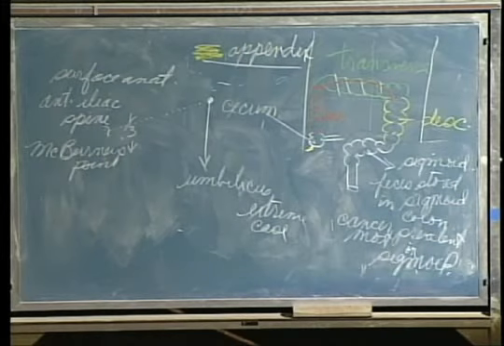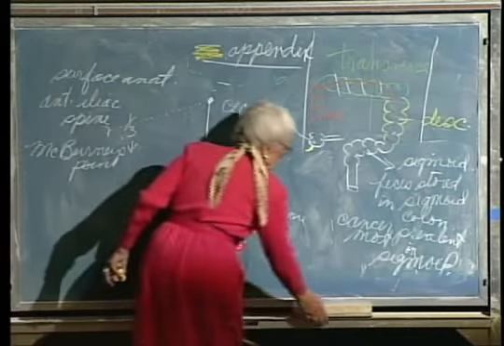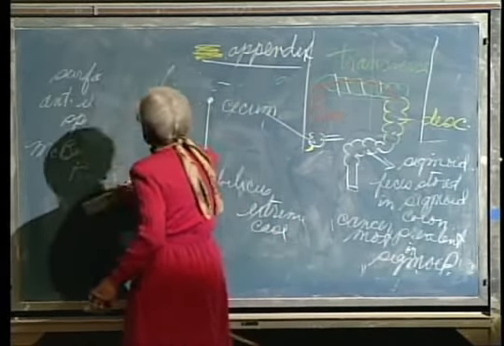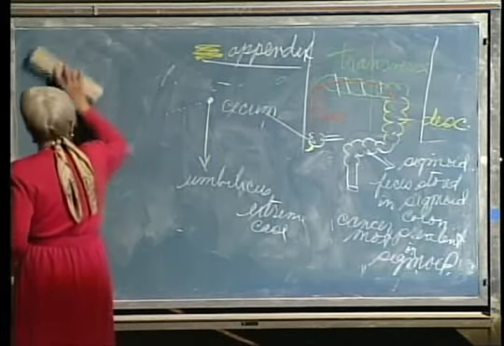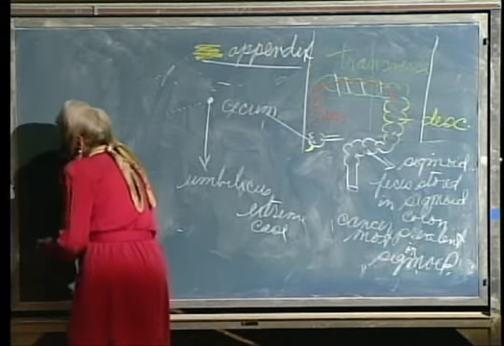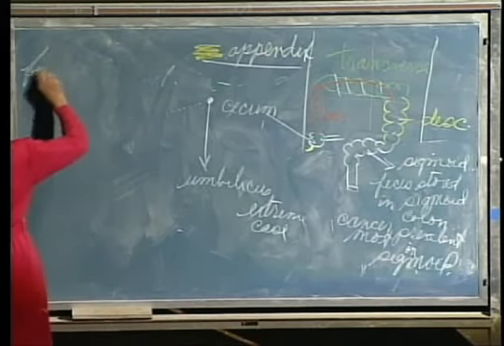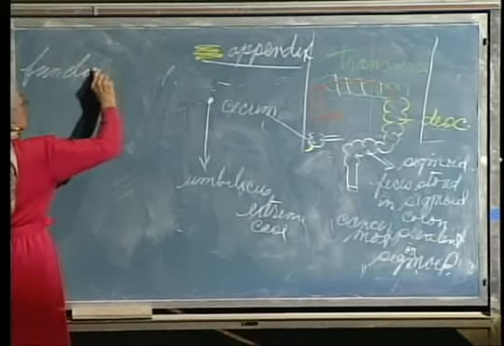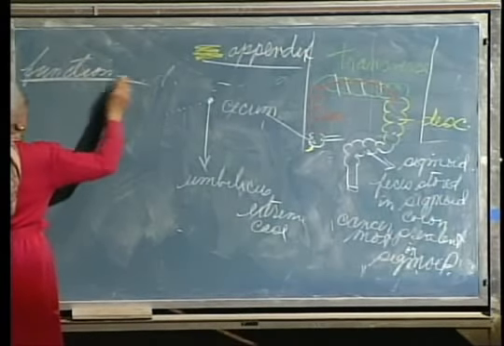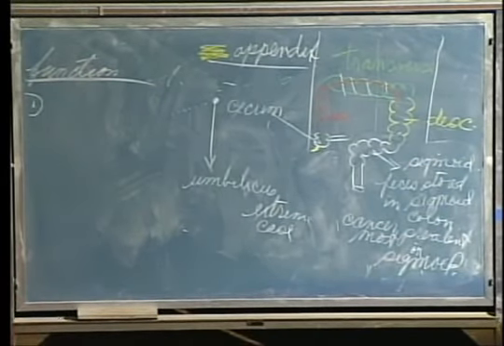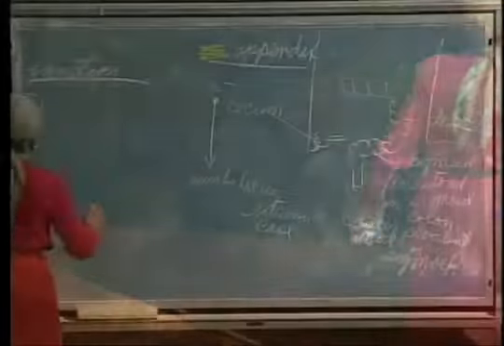What are its functions, and then let's look at its inner structure. Why do we have a large intestine? Well, first, it will be receiving the undigested and unabsorbed food.